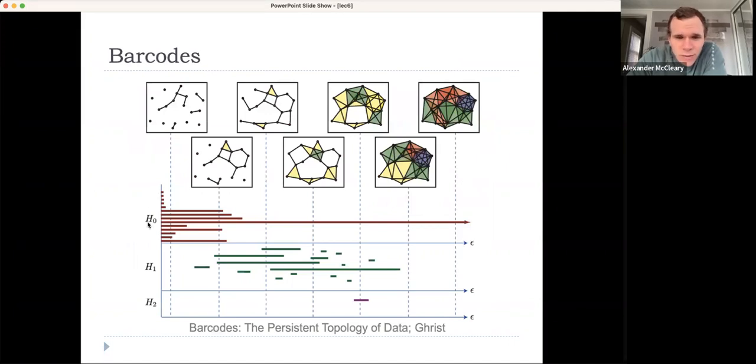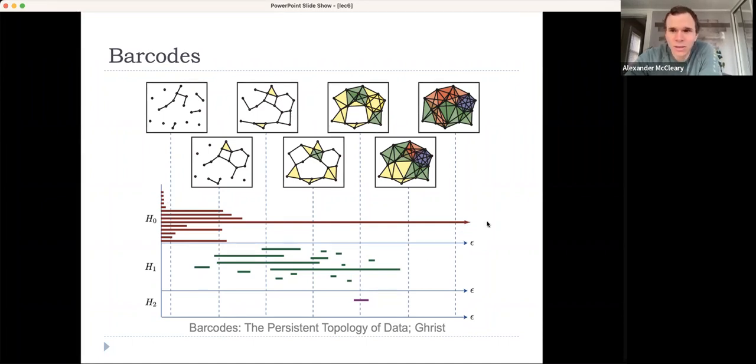Each of these bars here represents a homology feature that was born wherever the left endpoint of the interval is and dies at the right endpoint. So we can see with zero-dimensional homology, everything was born at 0 and dies somewhere except for one feature.